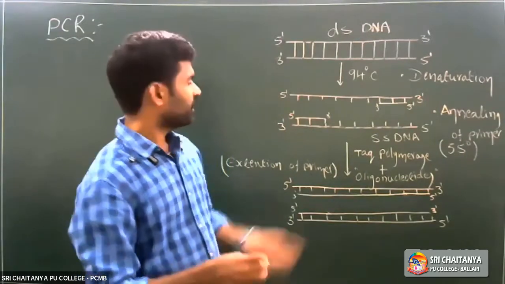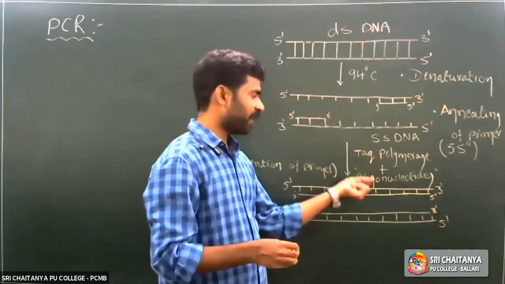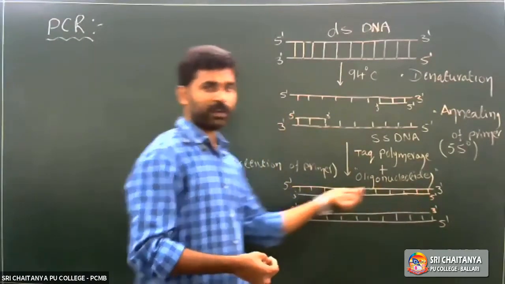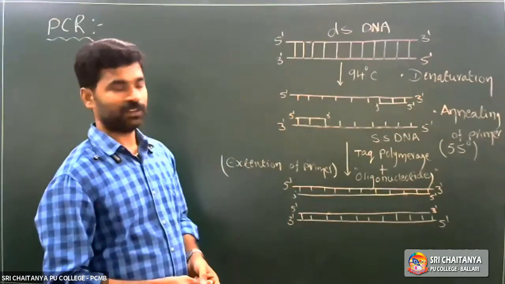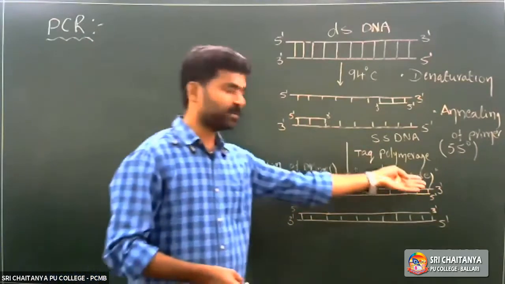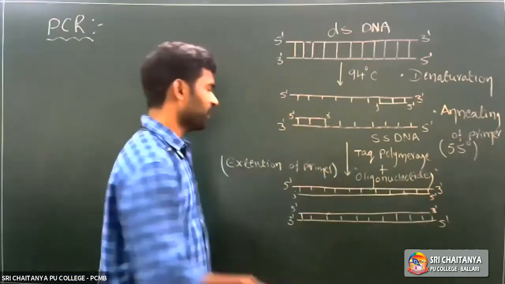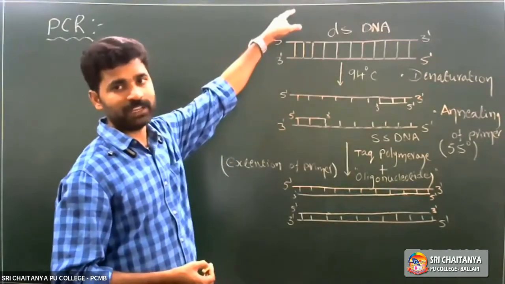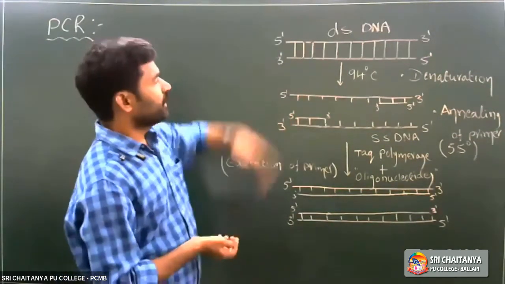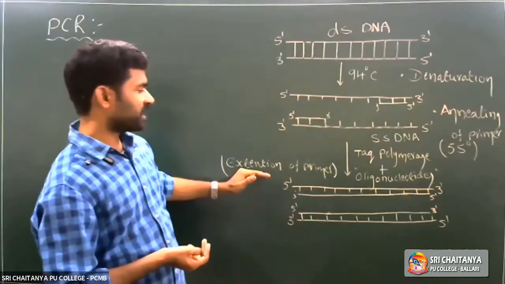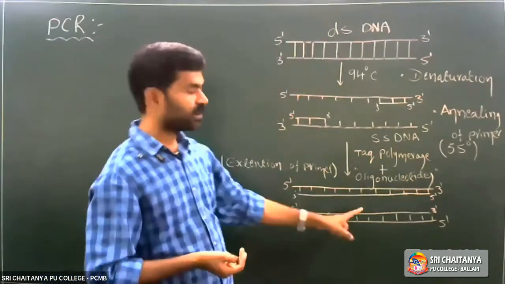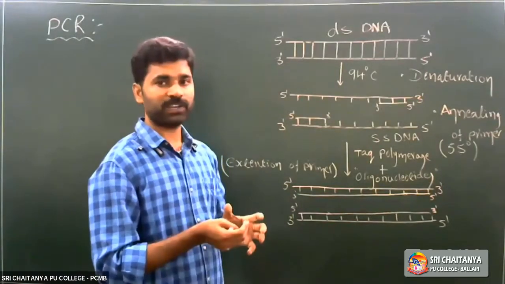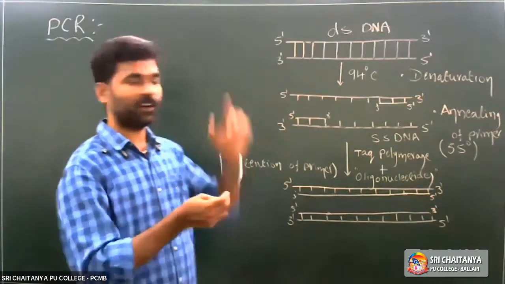It means the Taq polymerase enzyme adds new nucleotides to the primer in 5 prime to 3 prime direction on the template strands. It results in the formation of two DNA molecules. See here, after completion of the third step, that is extension of primer, one DNA molecule is converted into two DNA molecules, right? So we call it the amplification process or one cycle of PCR.